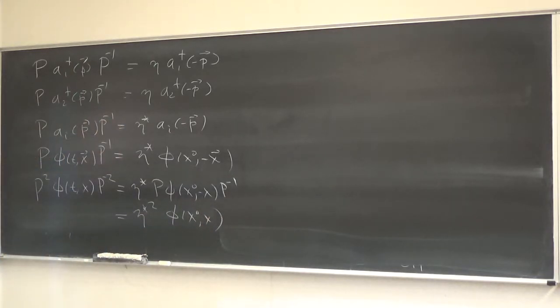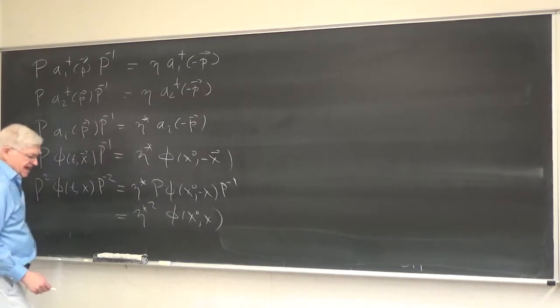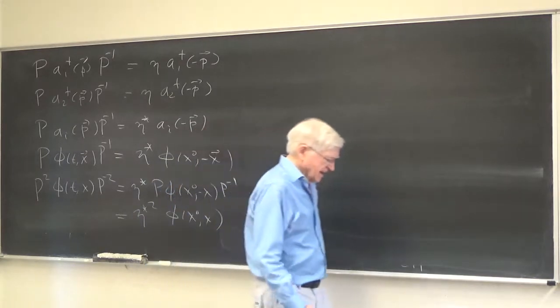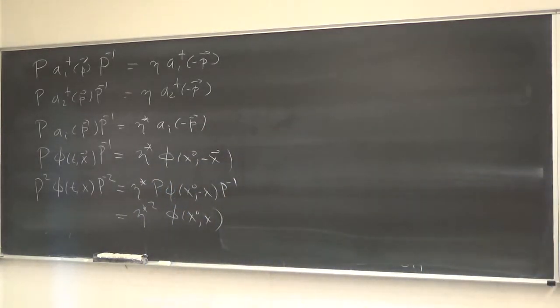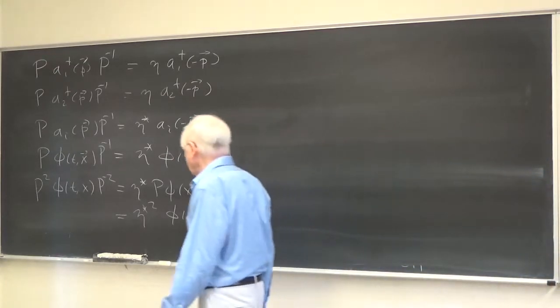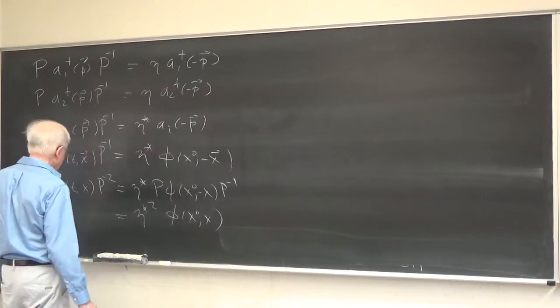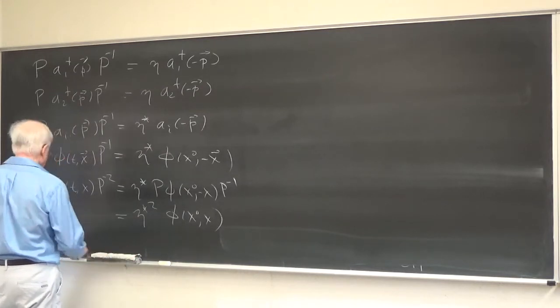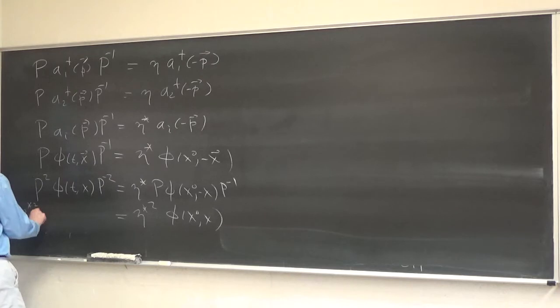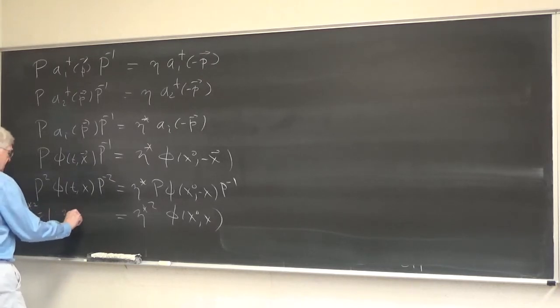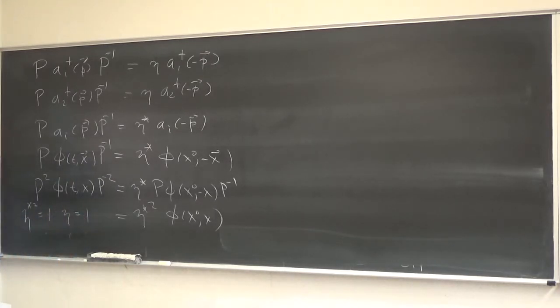And if we think that p squared is the identity, and I guess we do, because if by parity we mean a general coordinate transformation that turns space into minus space, leaving time alone, then we want p squared to be the same as the identity. And so then we would have eta star squared equal to 1, or eta equal to plus or minus 1.